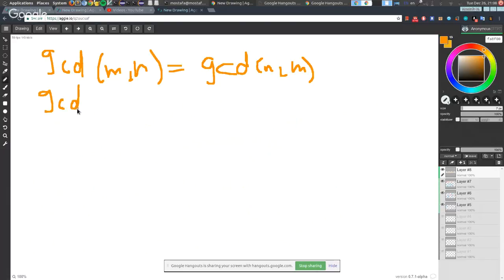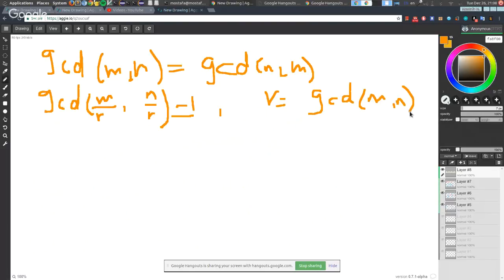Also, we divide by r for both numbers, where r here is the GCD of the original numbers. When we take the greatest common divisor of both numbers, basically we don't have any remaining common divisor. So the GCD is 1.